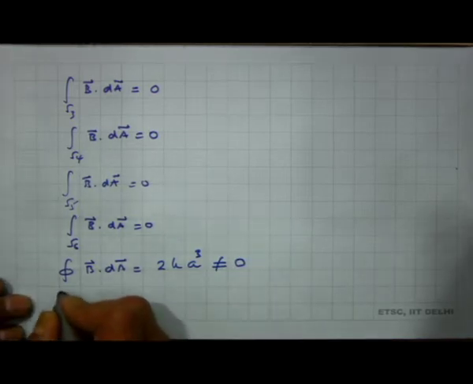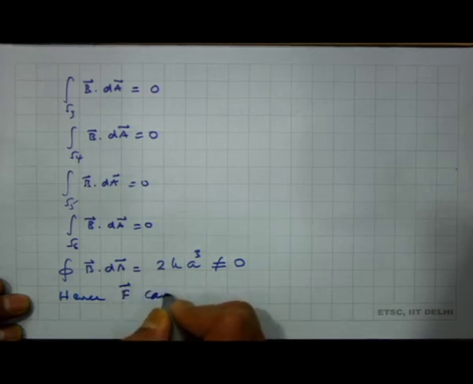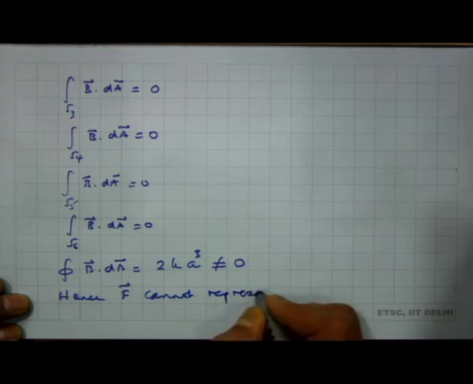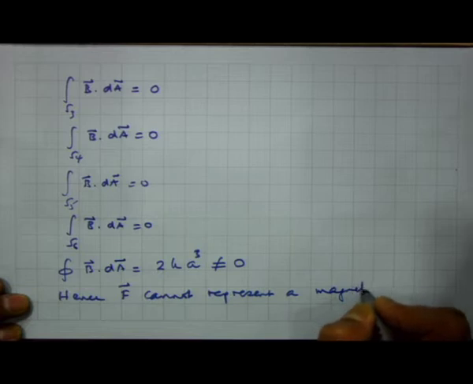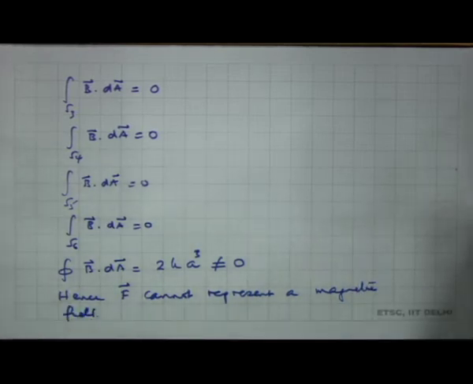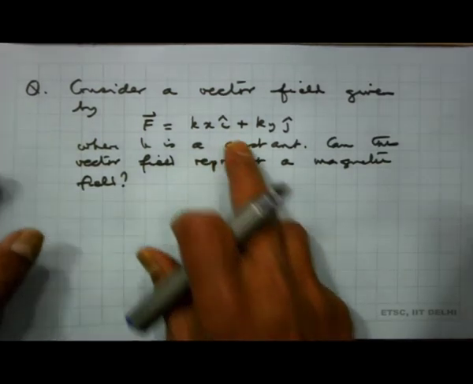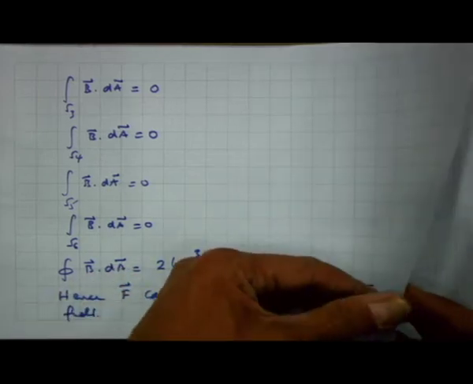So, hence F cannot represent a magnetic field. This particular vector field which I wrote in the question cannot represent a magnetic field, because integral B dot dA of this vector field is not 0 over a closed surface.